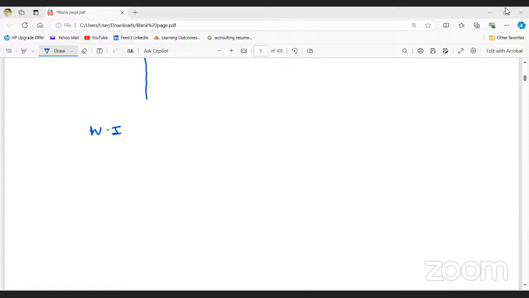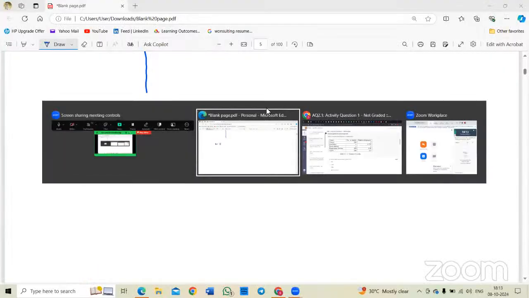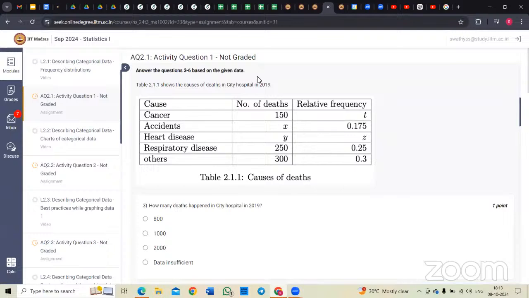See, if you can see in the figure, it is given here. The number of deaths are given and relative frequencies are given.